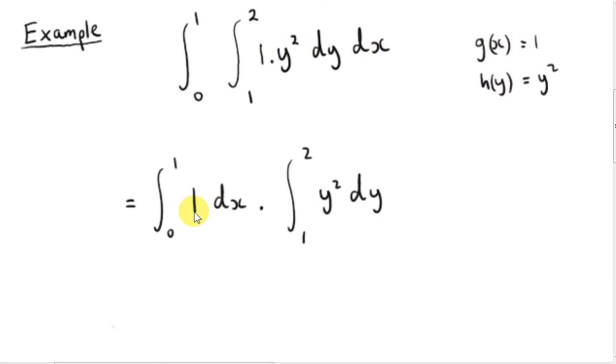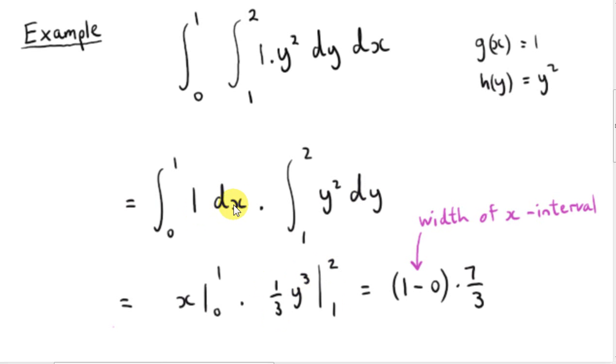So we can integrate our g of x with respect to x and multiply that by the integral of our h of y with respect to y, just like we saw before. The integral of 1 is easy. The integral of 1 with respect to x is just x. And we want to integrate y squared with respect to y. It's a third y cubed. Our limits are from 1 to 2 here.